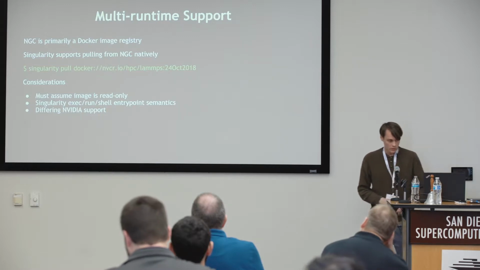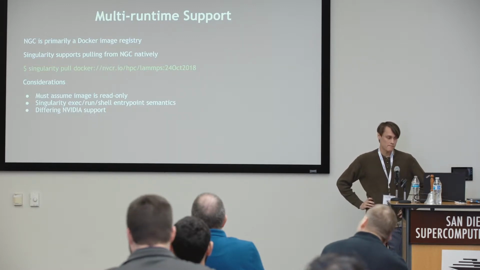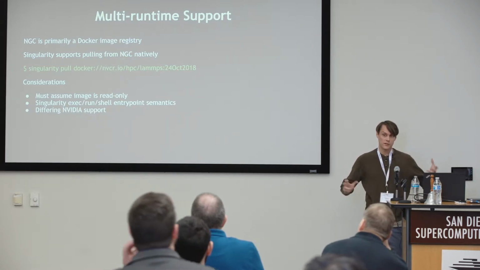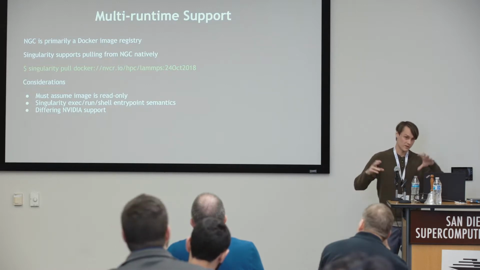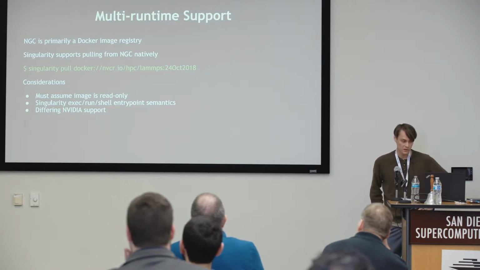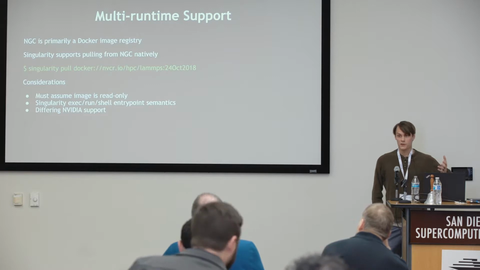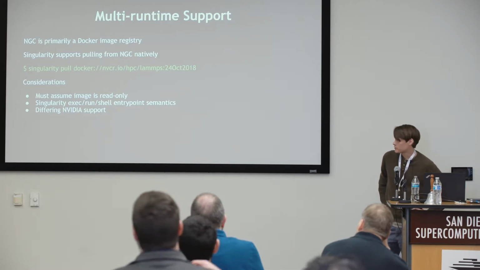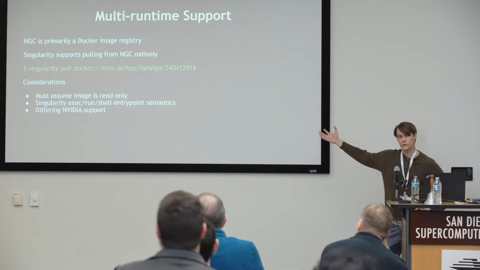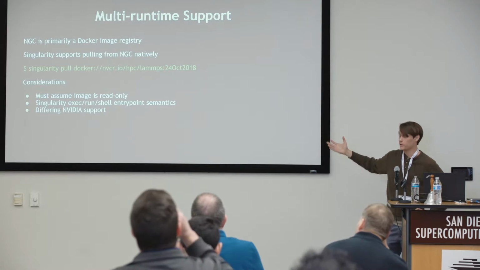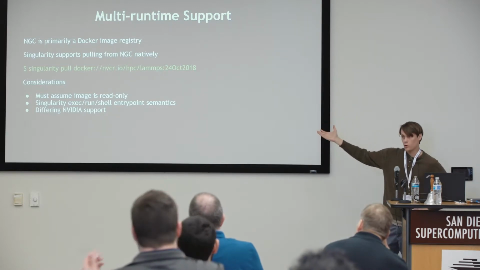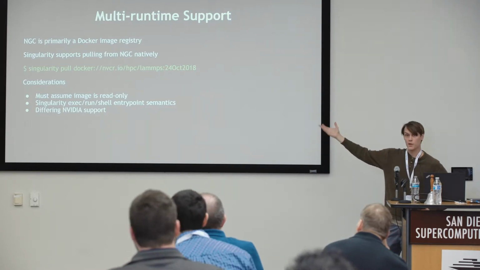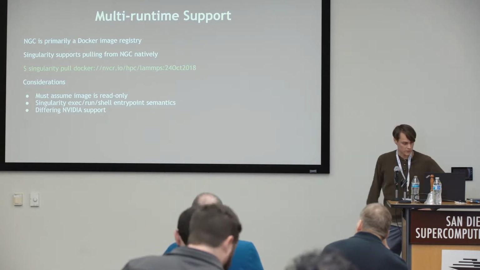Okay, so as I mentioned, Docker's generally not available. That's why we're all here on these HPC resources. But NGC is a Docker registry. Luckily for us, Singularity works really well with external Docker registries. So it's a single command to pull or build from NGC or any other Docker registry for that matter.